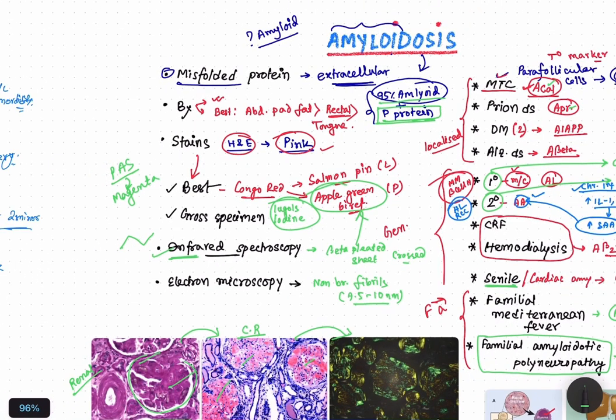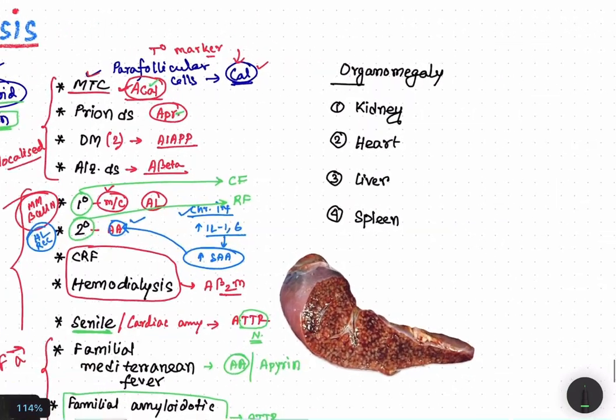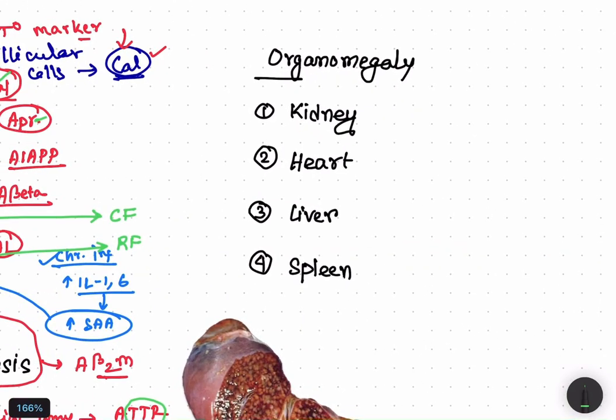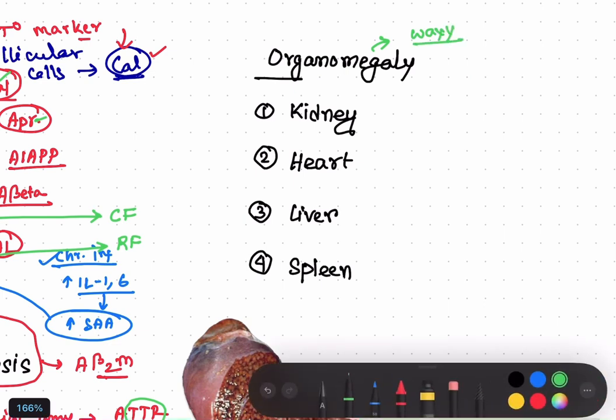Now the last condition that we are going to discuss here is organomegaly. As I told you, amyloid gets deposited in the tissues and organs, leading to organomegaly, and on gross appearance you can appreciate a waxy appearance of the organ. That is very important.